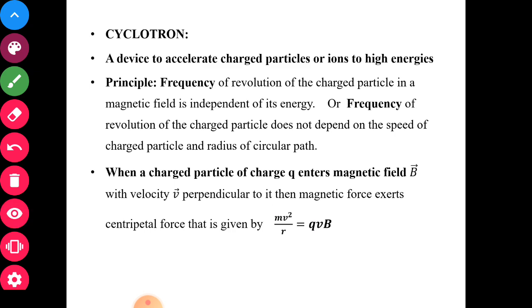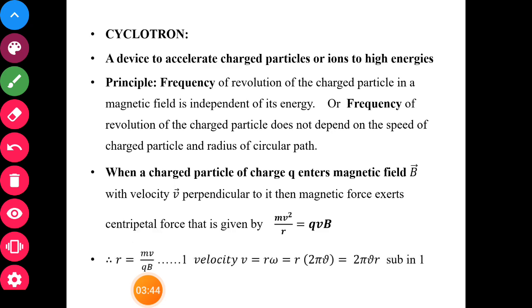Whenever a charged particle is moving on a circular path, then it must need the centripetal force. Next, radius can be made the subject of the formula. This can be done easily by you. So r is equal to mv upon qB.